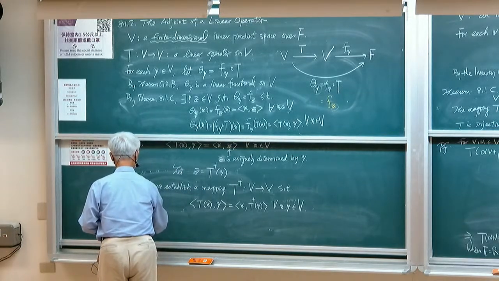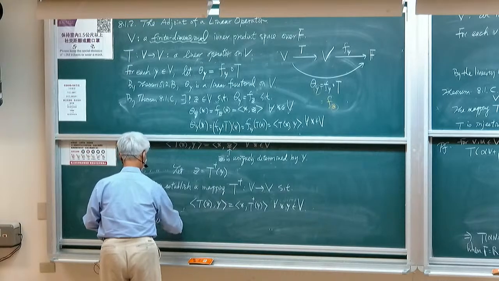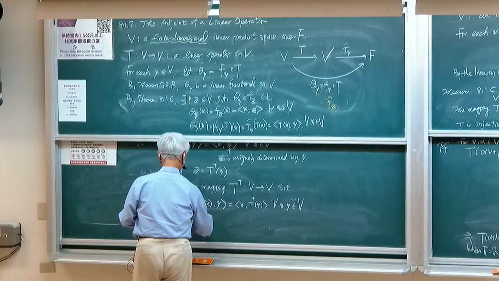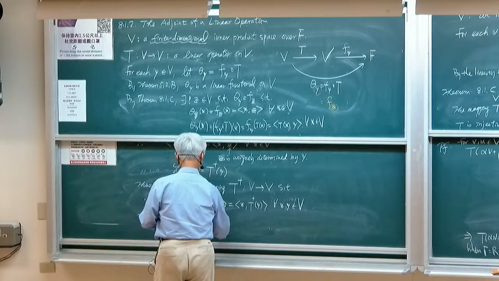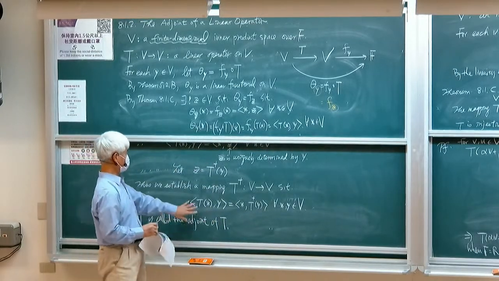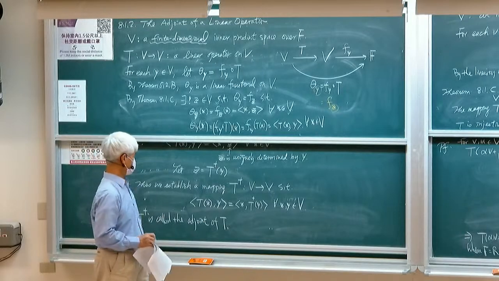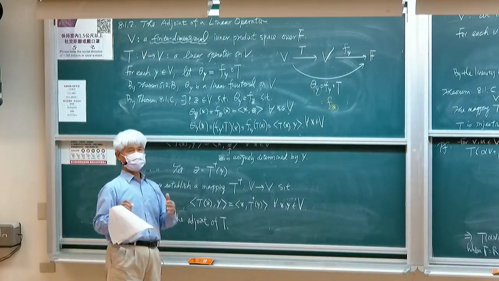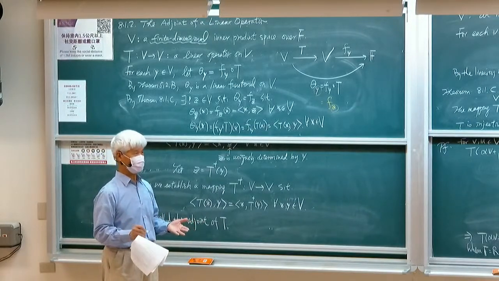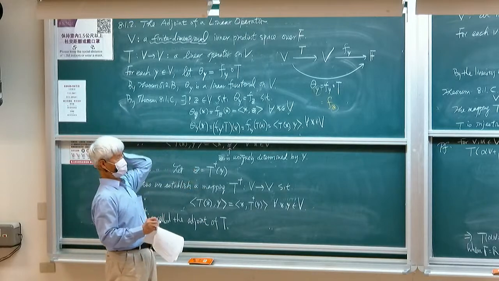Now, so T dagger is called the adjoint of T, because each T has a T dagger. Okay, so it's just like, you can't say it's twin, but it means that if a person has a front, then they will have a back.